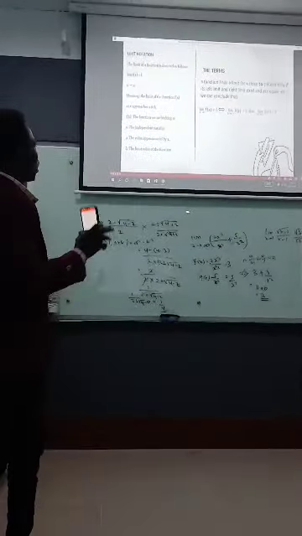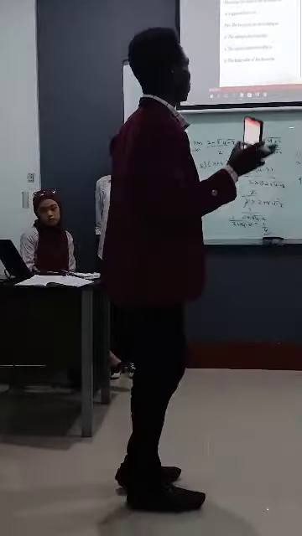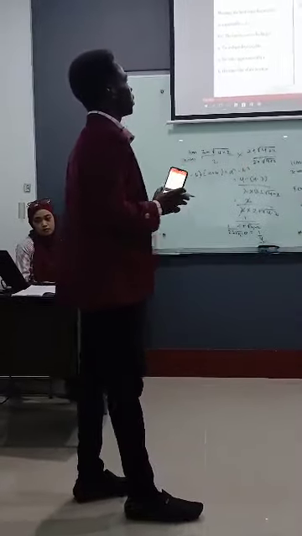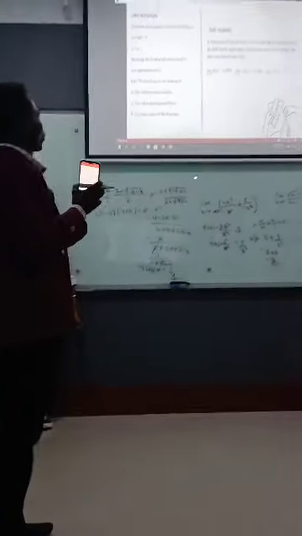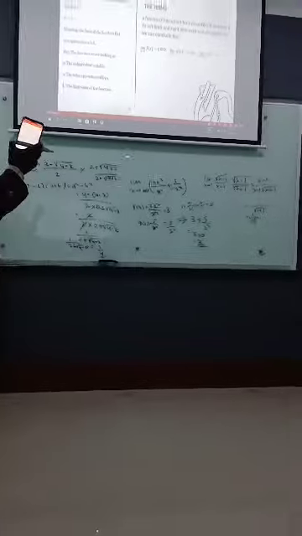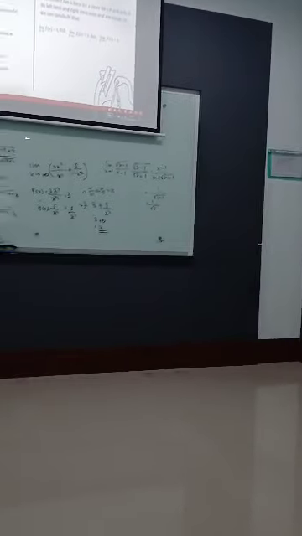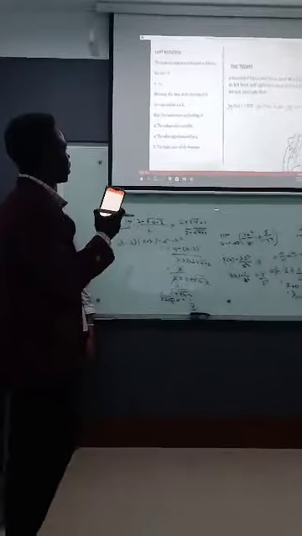Here we have the terms. A function has a limit as x approaches C if and only if the left limit and the right limit both exist. So there is a difference between existing and not existing.